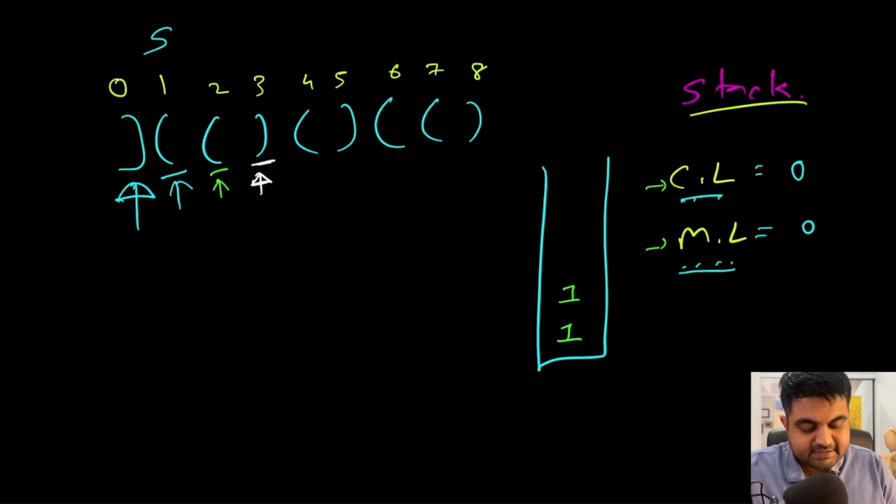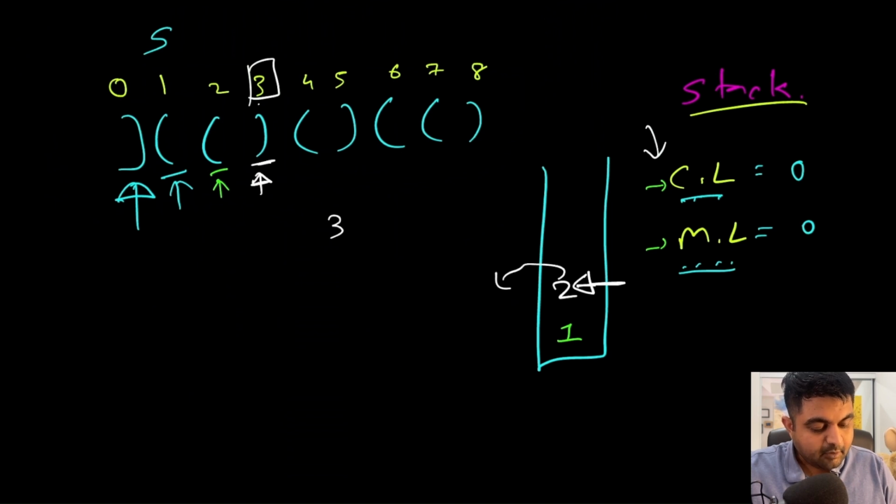If we pop this element out of the stack, by the way, this has to be number 2. So the number 2 index we are popping out of the stack, which means that currently, what has been the current length we have been able to identify so far? Currently we are at element number 3.